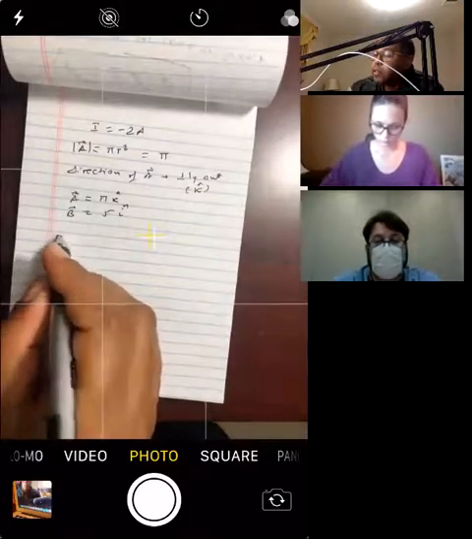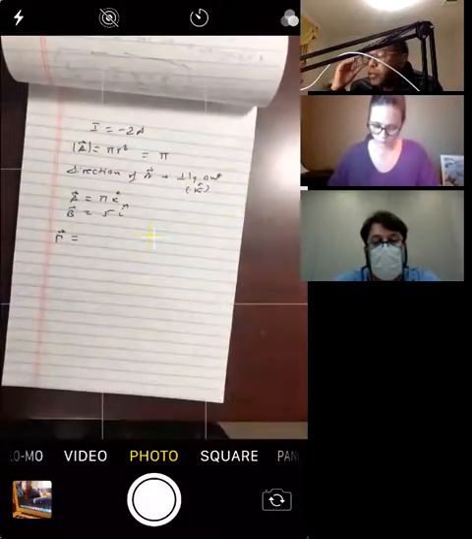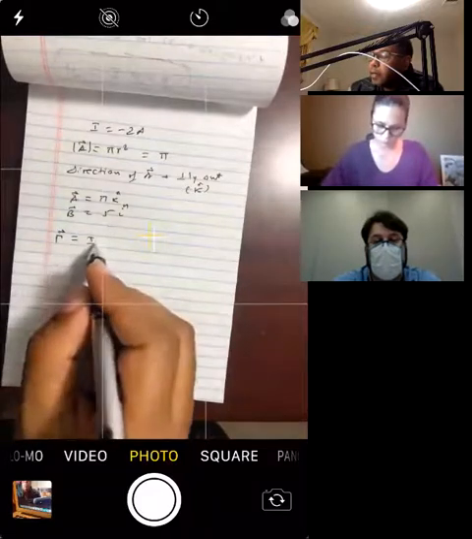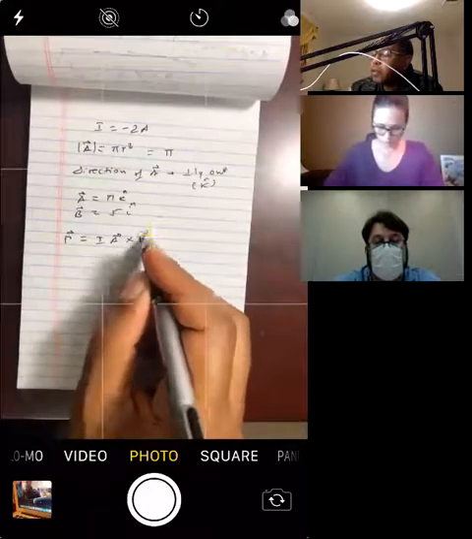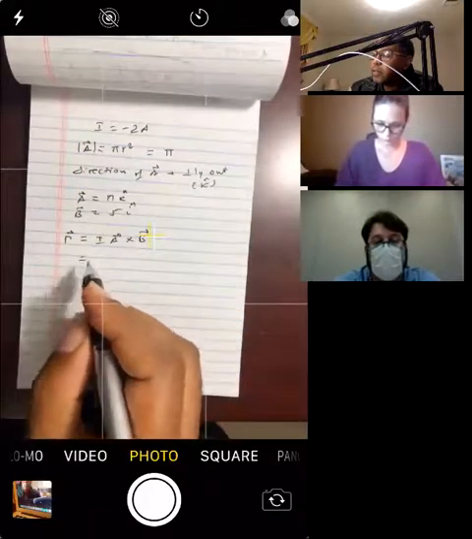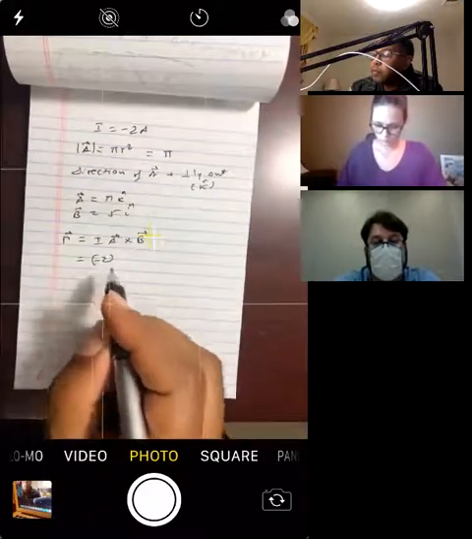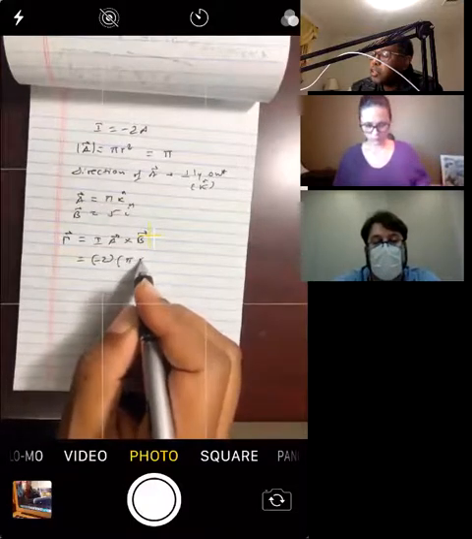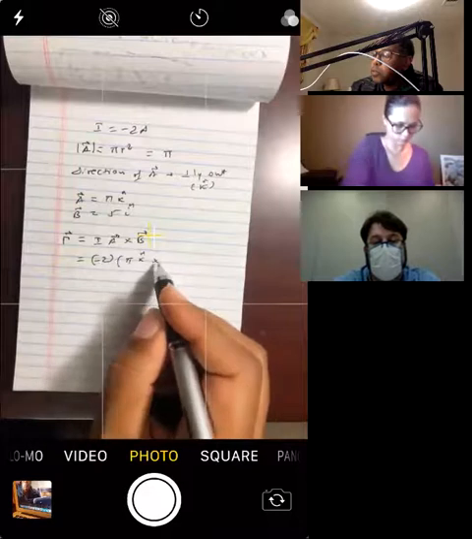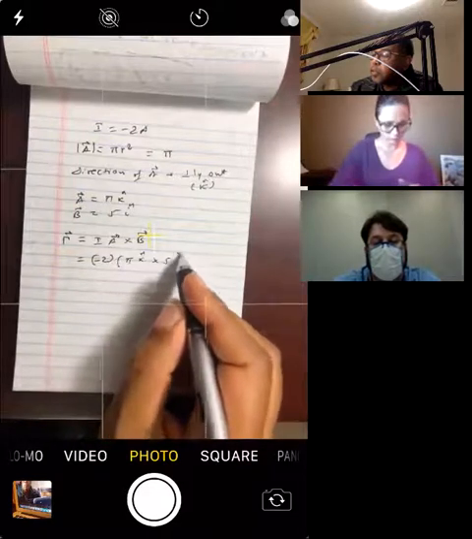So the torque is I A cross B, right? The current is -2. The area is pi in the K direction, crossed with B, which is 5 in the I direction.